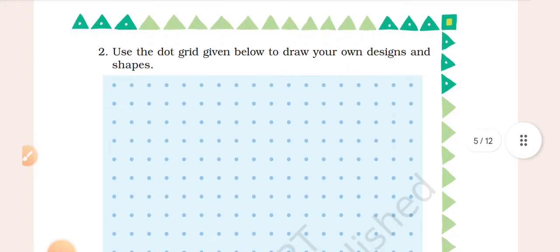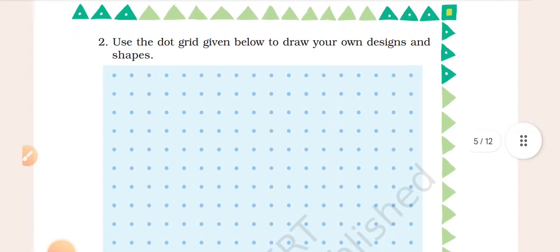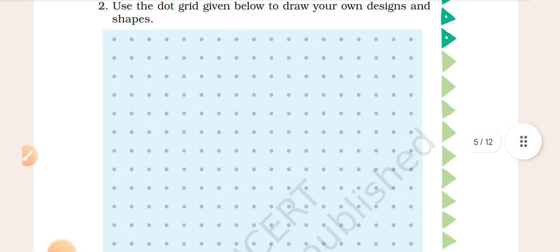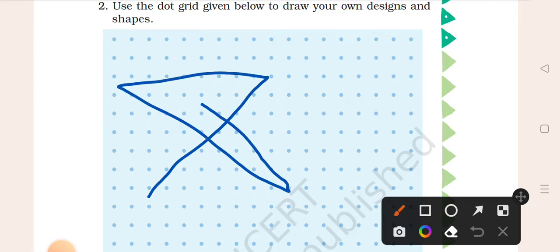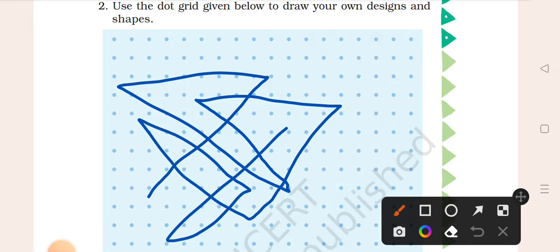Use the dot grid given below to draw your own designs and shapes. We will draw our own designs and shapes in the dot grid. This is my favorite drawing. I will do this.